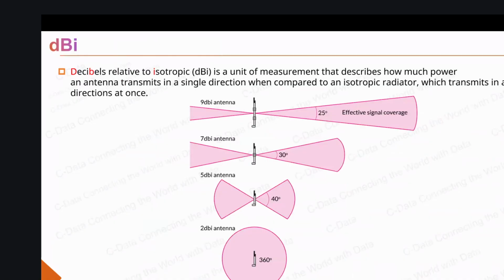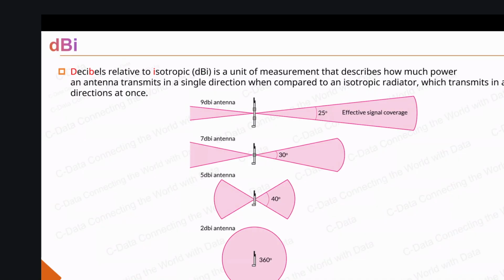Here is the dBi, the analog. Usually if the dBi is higher, then it can transfer farther. But the range here, we are missing some. If the phone is exactly under here, it cannot get the signal. But usually in a real situation, if it's not like that, we can still get some signal.